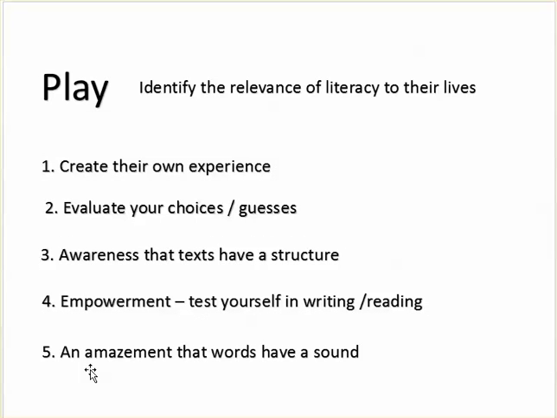So you could start thinking about what devices, what kind of activities, what would you do for this to happen? The children create their own experiences, they evaluate their own choices, they do all these amazing things without you necessarily saying that's what the text looks like, that's the structure of the text.